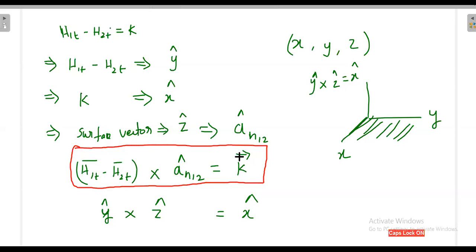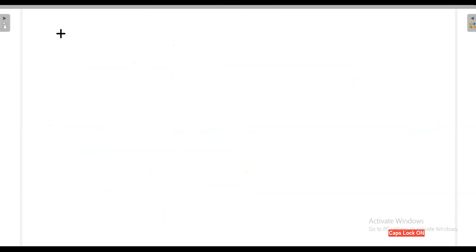If the surface current density K is 0, if there is no surface current at all, then what happens? K is 0 means the surface current density is 0.